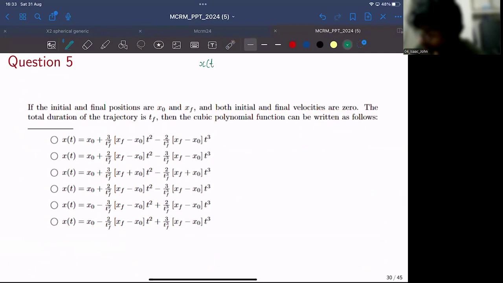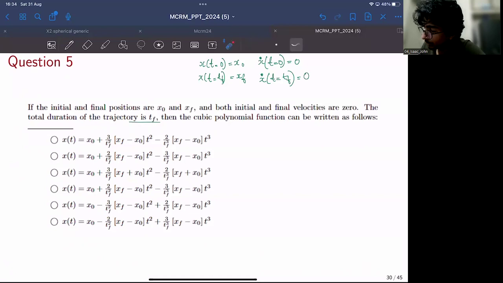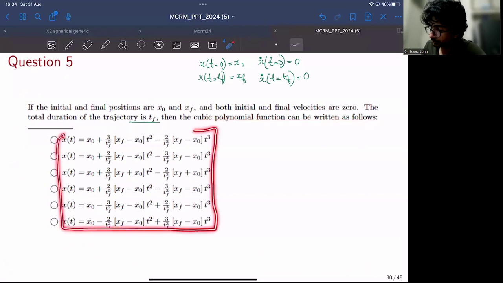X at time t equal to 0 is x0, and x at time t equal to tf is xf, and velocity at time t equal to 0 is 0, and the final velocity at time t equal to tf is also 0. And the time for the total trajectory would be tf seconds. Then the cubic polynomial function can be written as, which of them would be the correct answer?